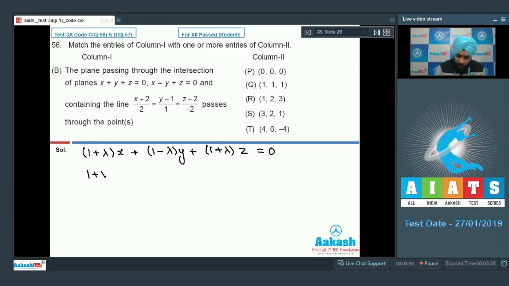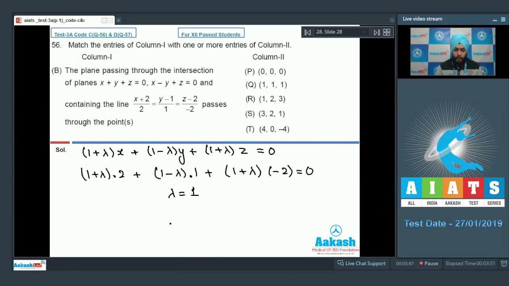So (1 plus lambda) into 2 plus (1 minus lambda) into 1 plus (1 plus lambda) into minus 2 equals 0. From here you get lambda equals 1. So if you get lambda equals 1, equation of plane is x plus z equals to 0 or 2x plus 2z equals to 0. First point right, second not correct, third not correct, fourth not correct, fifth correct. So P, T is the correct match for option number B.